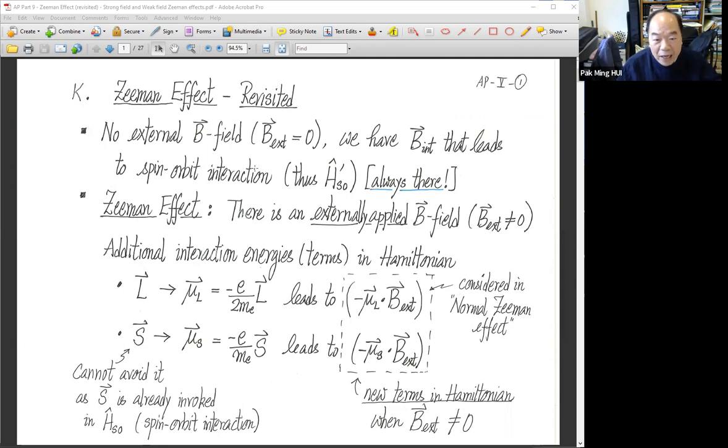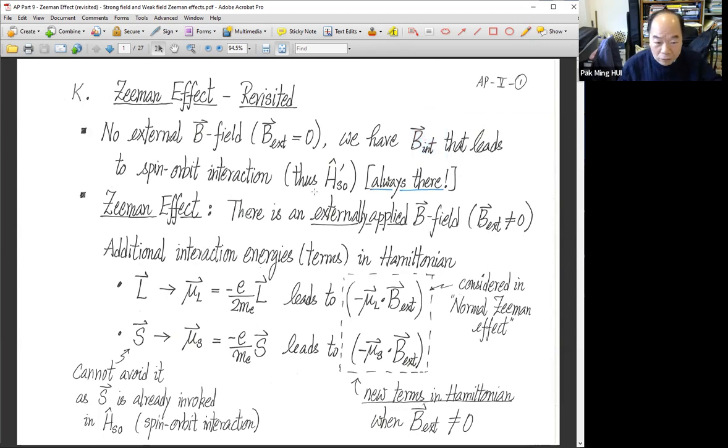So the Zeeman effect is related to the external field. But don't forget, there is always an internal field. This is the spin-orbit interaction. Okay, so the situation will be quite complicated, but we can handle it logically.